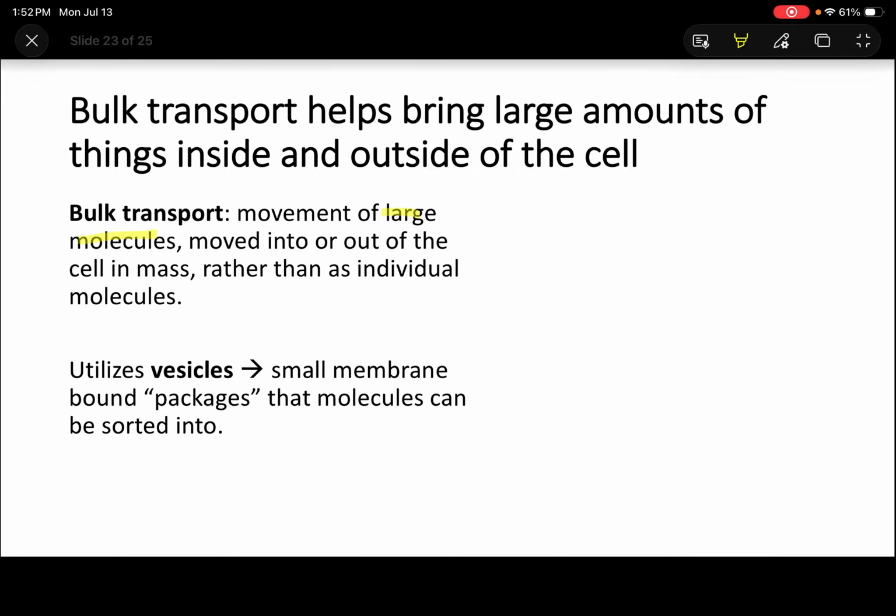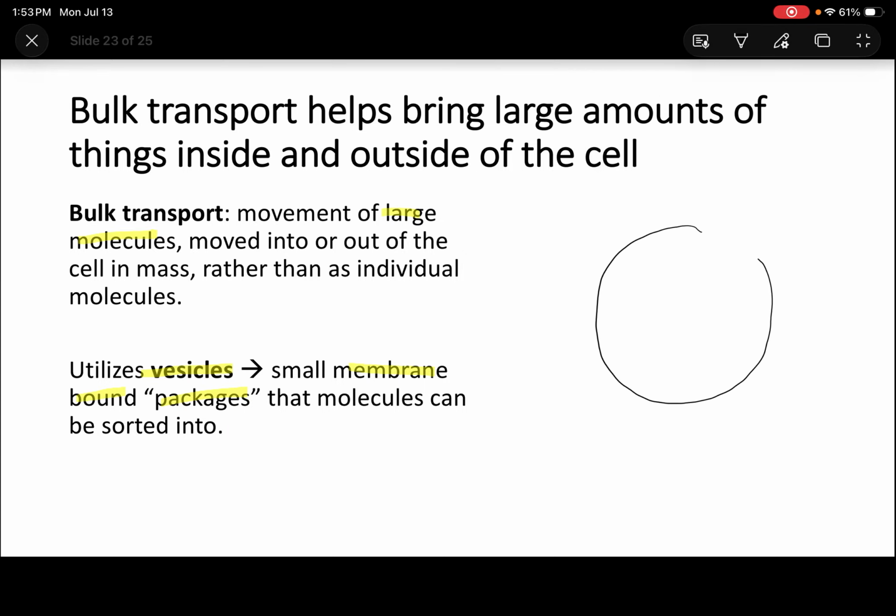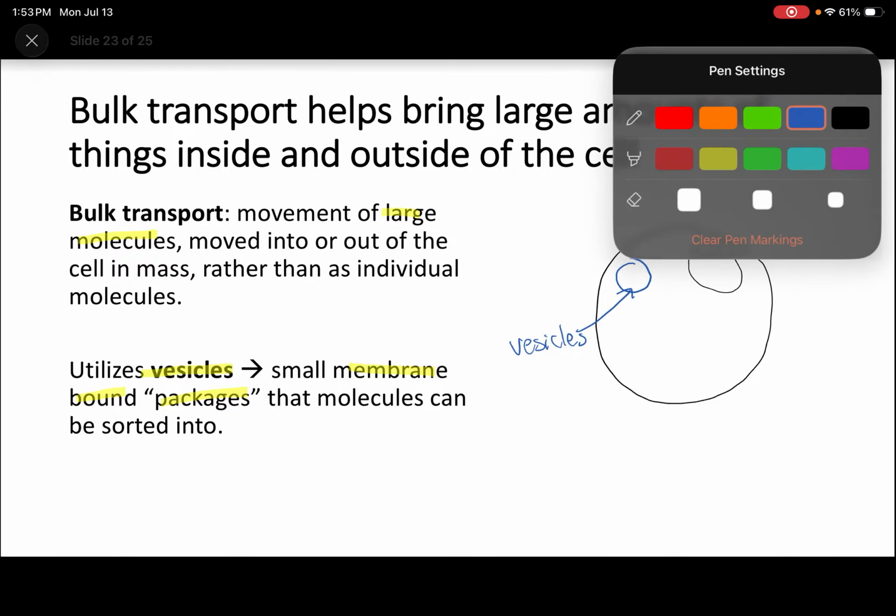It utilizes these little things called vesicles, which are just small membrane-bound packages. So imagine we have a cell here. We're going to draw a little eukaryotic cell with our little nucleus, and we have a big package of stuff. We're going to enclose it in its own little vesicle, so it's almost going to look like a little baby cell. It has a membrane around it, and this vesicle is going to have lots of stuff in it.